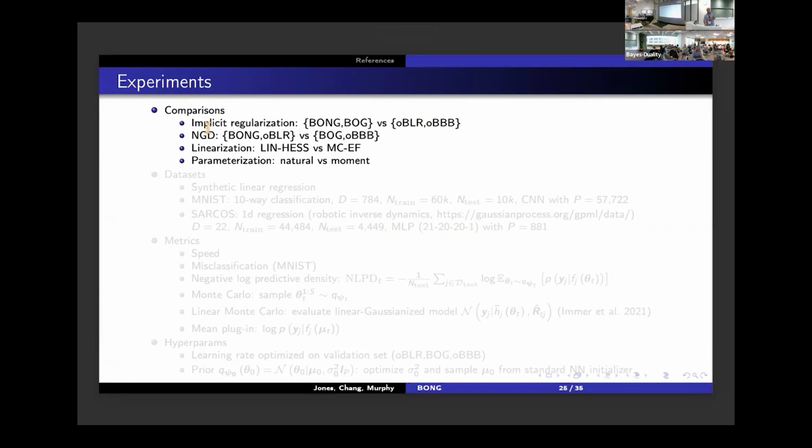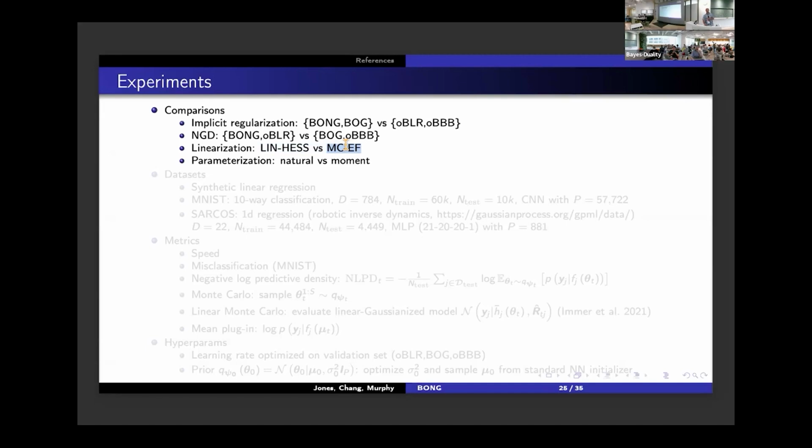There's the NGD, which BONG and BLR have, but the others don't. Then comparing these linearization methods. I'm not doing all 4 methods for computing the Hessian. We're doing the linearization method in the context of getting the exact Hessian. We don't need EF in that case. So it's with the Jacobian of the network, and comparing that to the Monte Carlo method in conjunction with EF. Monte Carlo is more expensive.